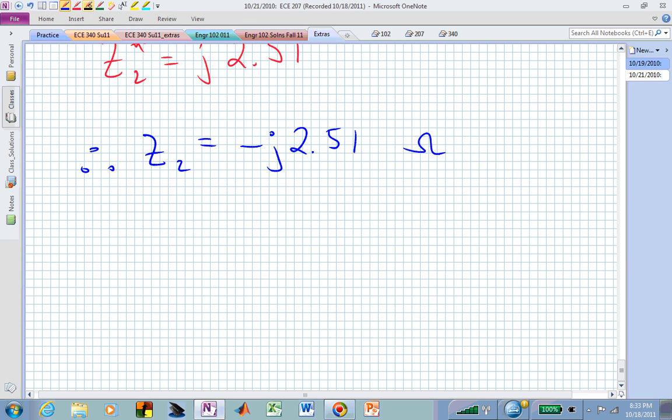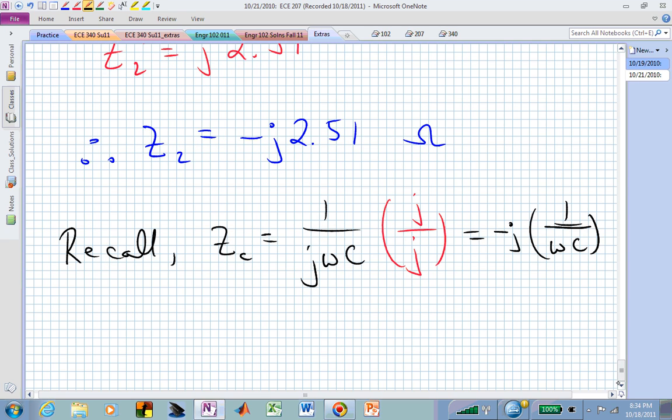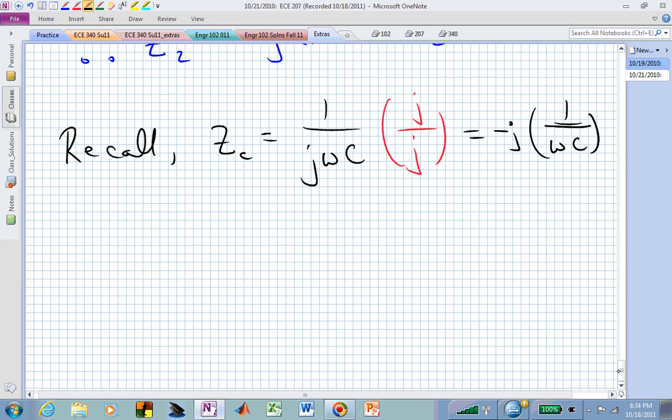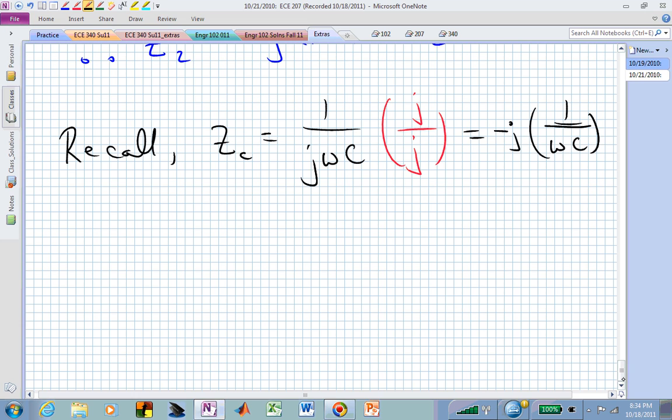A negative imaginary impedance can actually be realized by a capacitor, since the capacitor impedance is 1 over j omega C. Again, we could, if we wanted to, multiply by 1, and that now has j times j in the denominator, but j squared is minus 1, so we now have minus j times 1 over omega C. That now says that 2.51 is going to give us 1 over omega C, and we can now solve for C, since we can find omega if we know where we're operating this particular system.